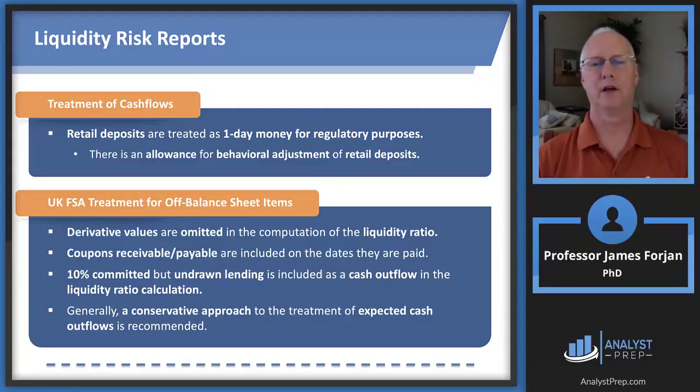And then, of course, we have to ask ourselves one final question: what about stuff that goes off the balance sheet, like derivatives, special purpose vehicles, bonds that are held outside of the balance sheet, et cetera? Look at that final bullet point, and that's probably a good way to memorize this: a conservative approach to the treatment of expected cash flows is recommended.